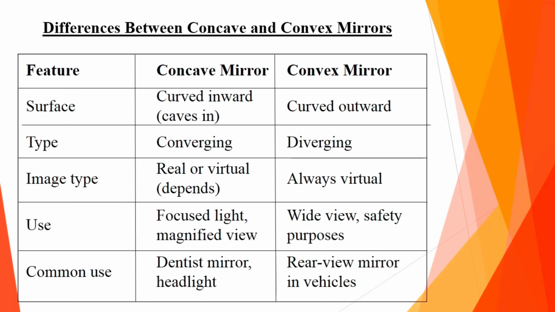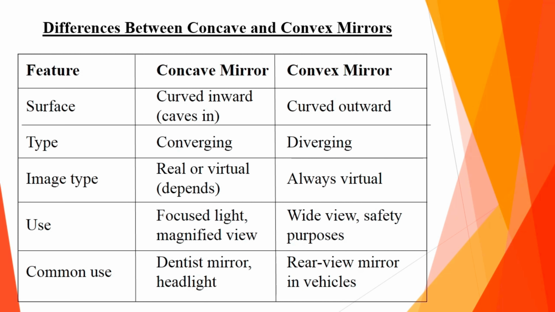So next is image type, the real or virtual, depending upon the position of the object. But in case of convex mirror, it always forms the virtual images. So the concave mirror produces the real or virtual images depending on where the object is placed relative to the mirror.